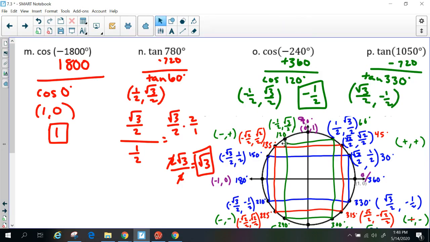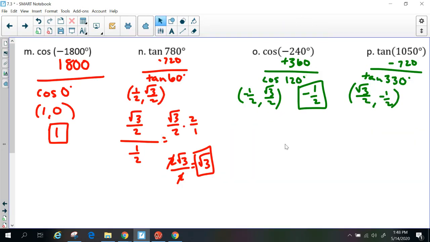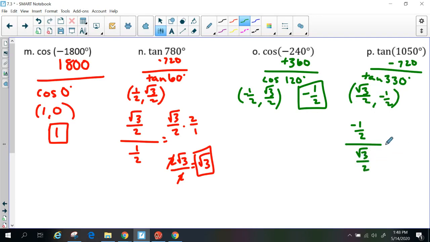And then I'm going to move this unit circle. We're done looking at that. Let's figure out our tangent here, taking our y-coordinate, sine, dividing it by cosine, the x-coordinate. Instead of dividing by a fraction, we're going to multiply by the reciprocal. On the top, we get negative 2. On the bottom, we get 2 root 3.